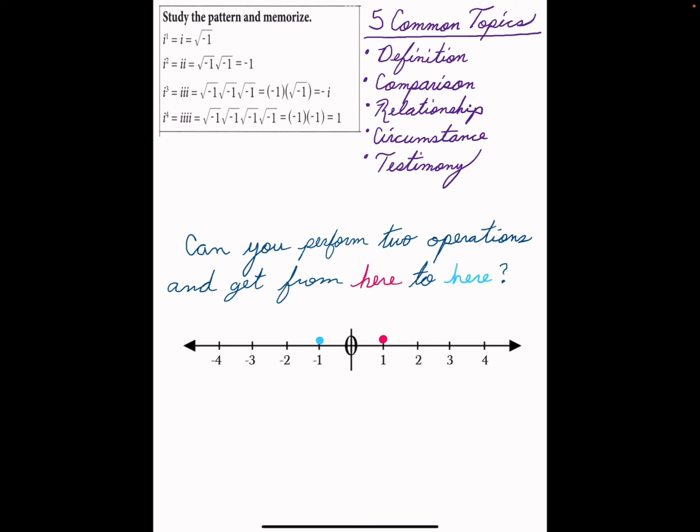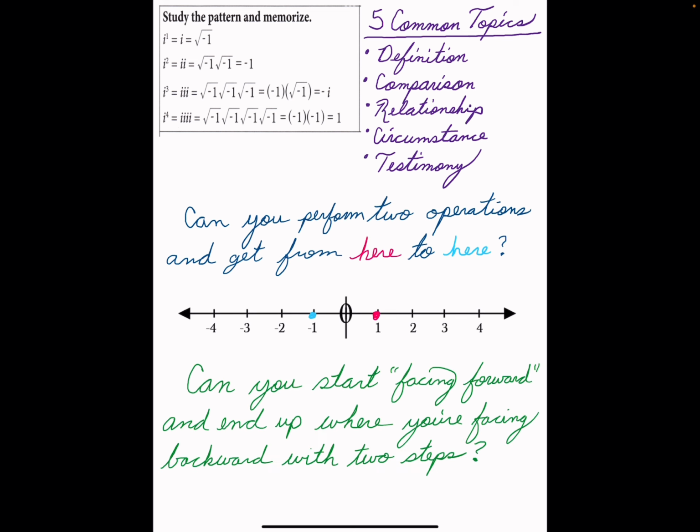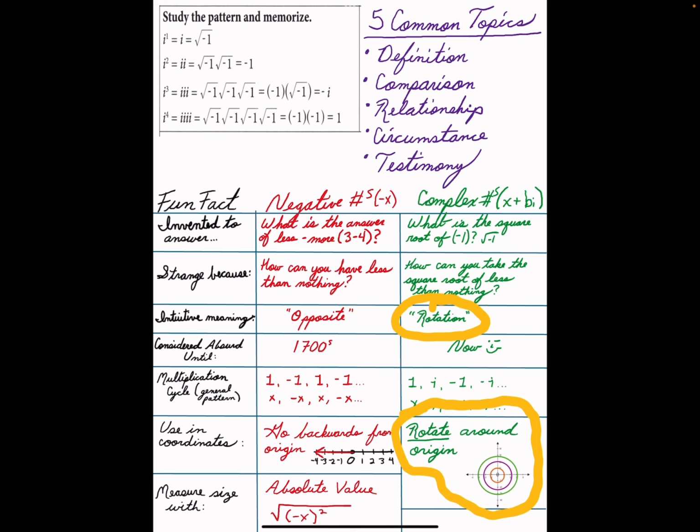Again, the question is, can you perform 2 operations and get from here to here? Another way of saying that is, can you start facing forward, which would be like positive, and end up where you're actually facing backward instead? And can you do that with just 2 steps? Yes, you can.